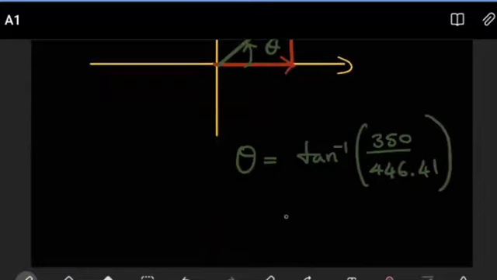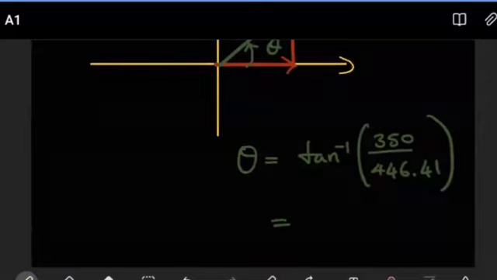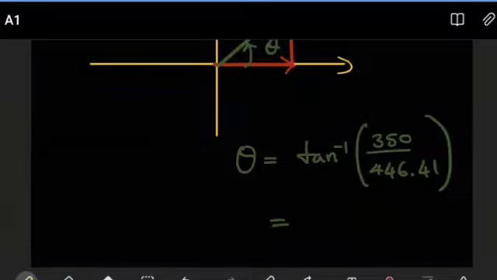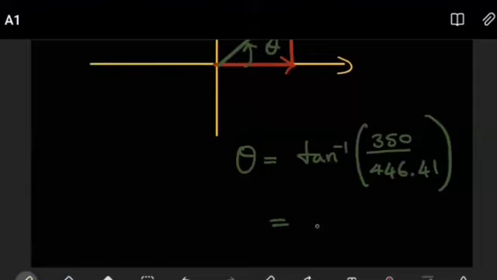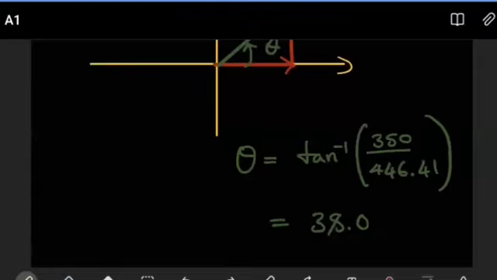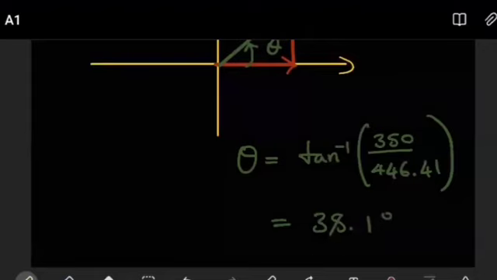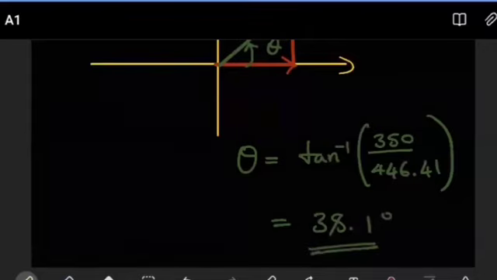So what are we getting here? That's 38.097. So let's just say 38.1. So this becomes our direction.